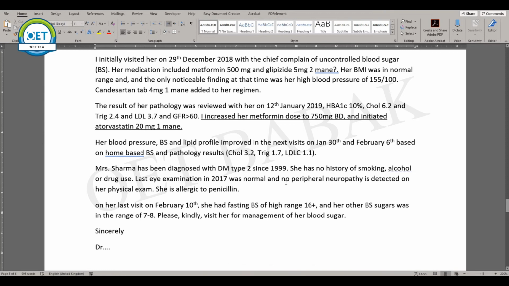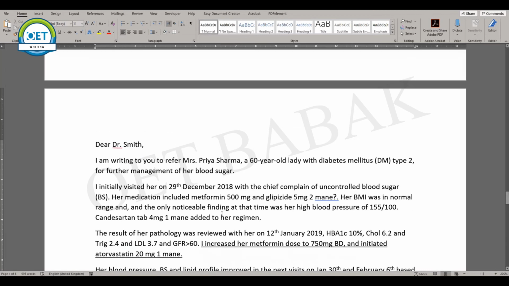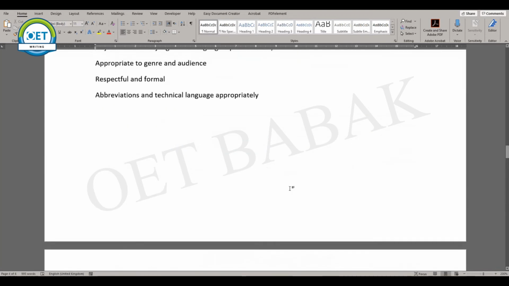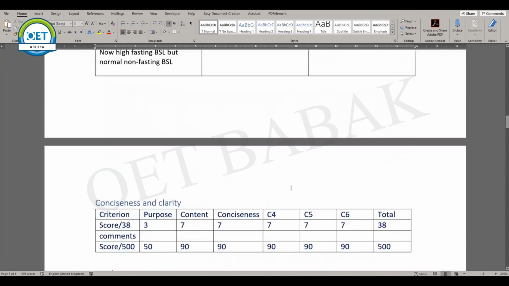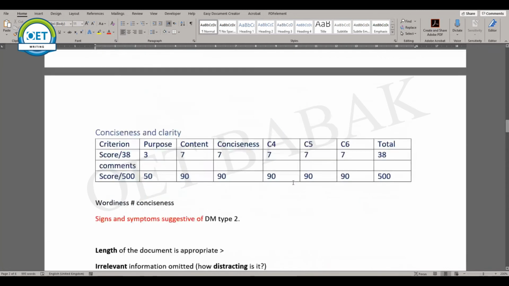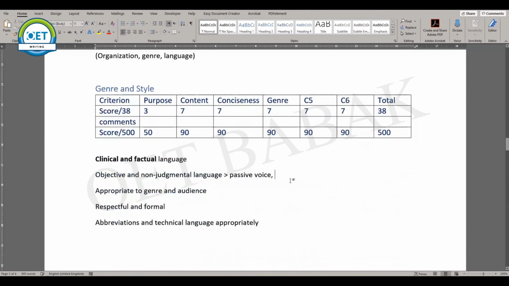So another, the only noticeable finding was that, that is good. I can't find an example of what I wanted to say, but another example is with there is or there are.